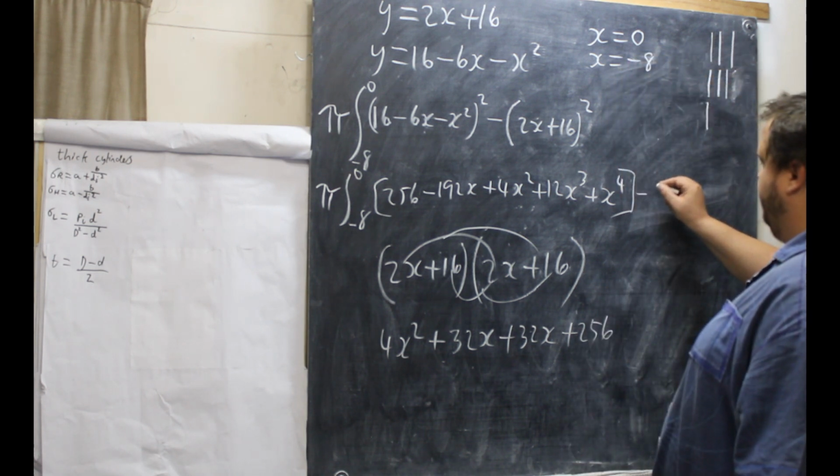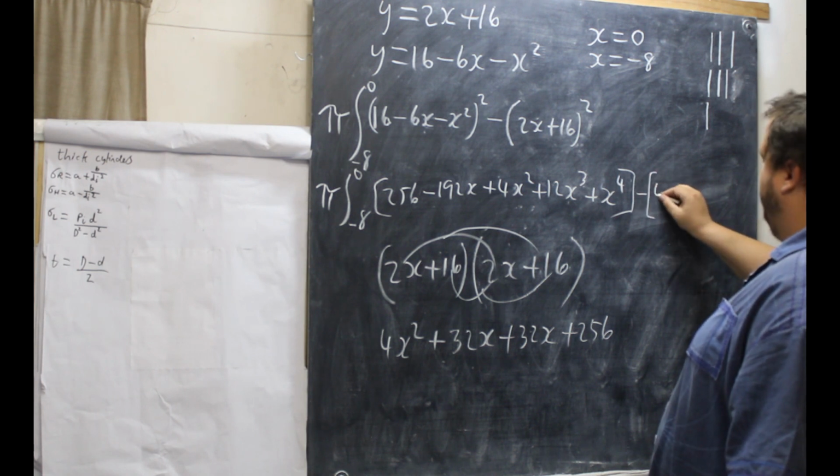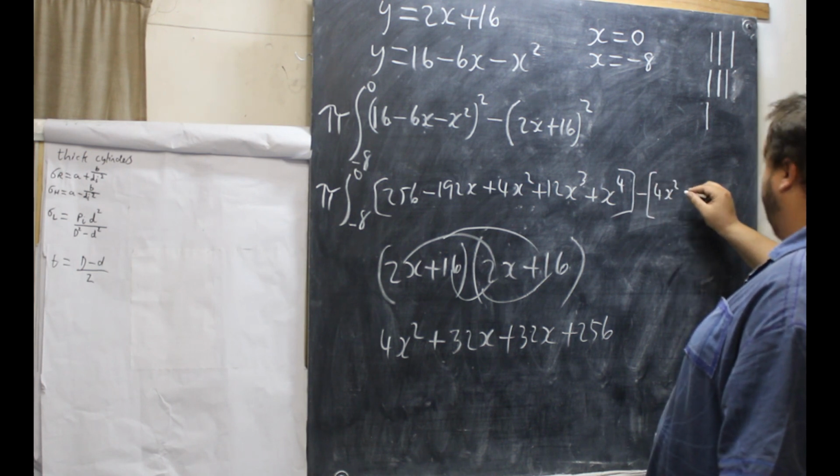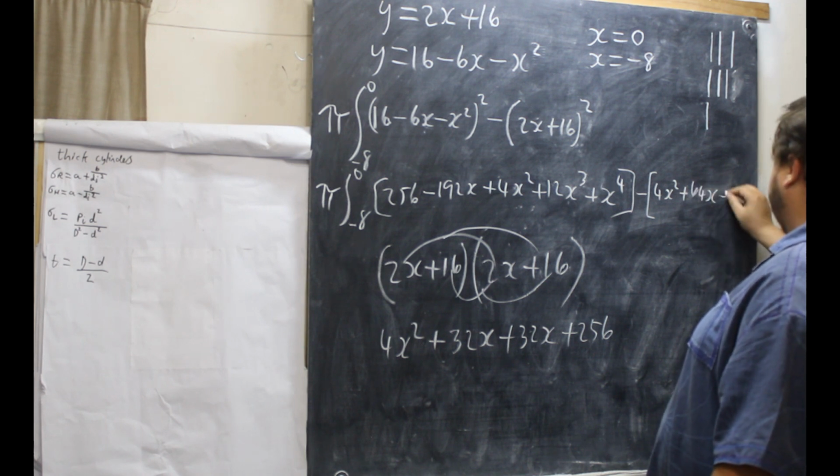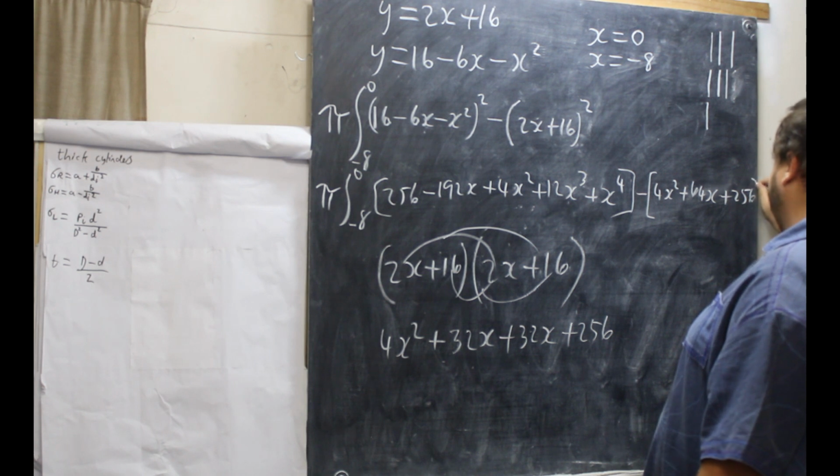So that is minus 4x squared plus 64x plus 256.